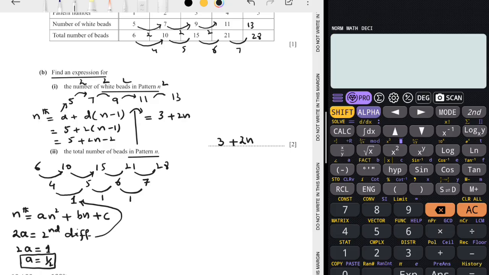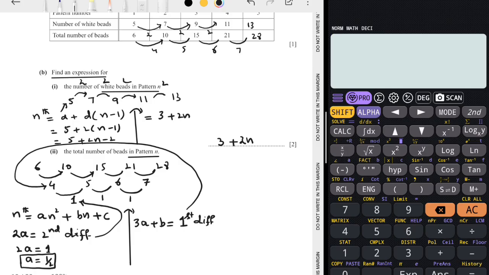Now to find the value of b, we will learn one more equation, that is 3a plus b is equal to the first difference, and that is 4.